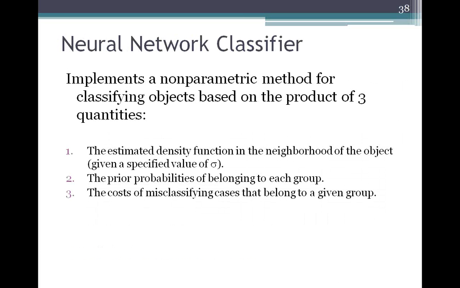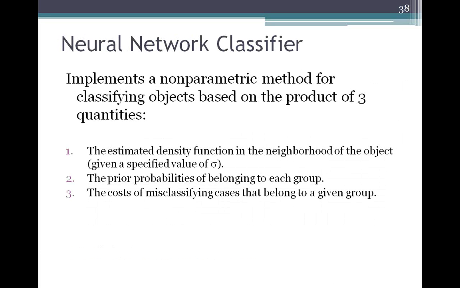The neural network classifier implements a non-parametric method for classifying objects. Rather than coming up with linear combinations of the variables, it uses a non-parametric algorithm.